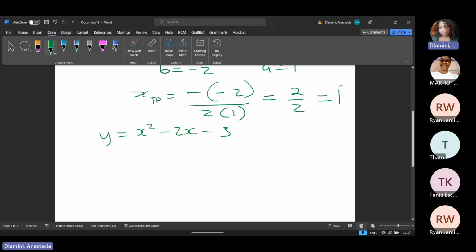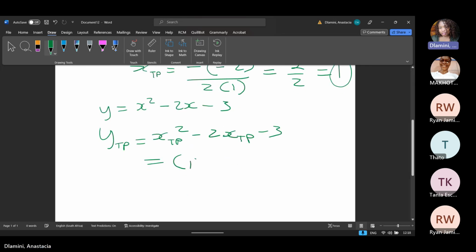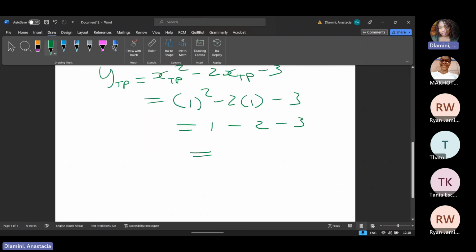So yTP is given by xTP squared minus 2xTP minus 3. Let's substitute: 1 squared minus 2 times 1 minus 3. Let's use our brains because we're not allowed to use calculators. So this is minus 5, this is minus 4. So our turning point is 1 and minus 4.